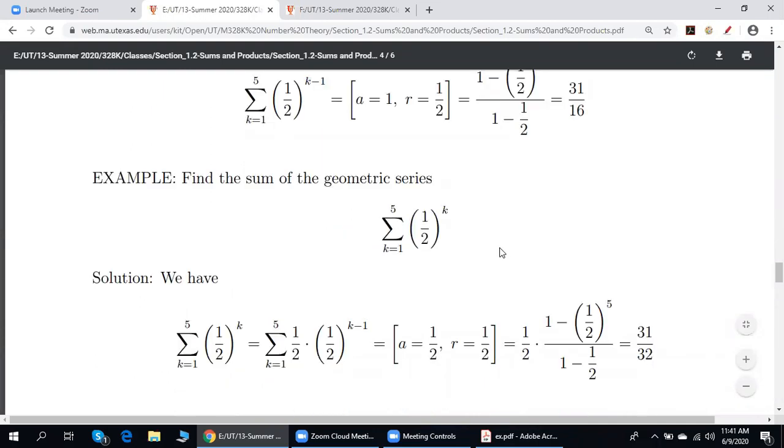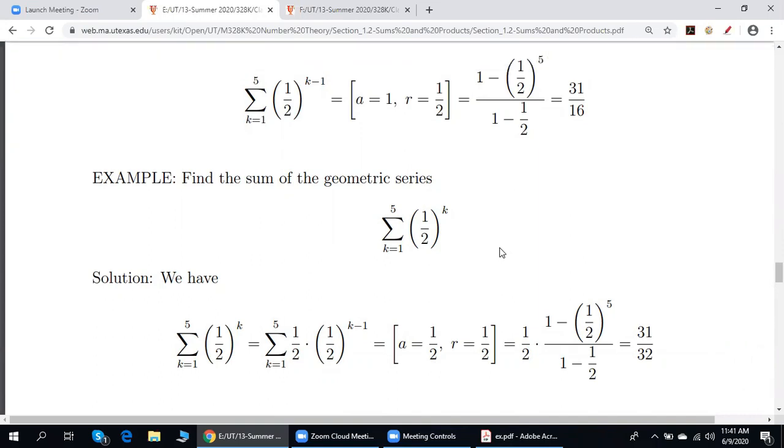But again, we apply the following general approach. a is term number 1. Term number 1 means k is equal to 1. If k is equal to 1, this becomes 1/2 to the 1st power, so a is 1/2. r is, as before, 1/2.